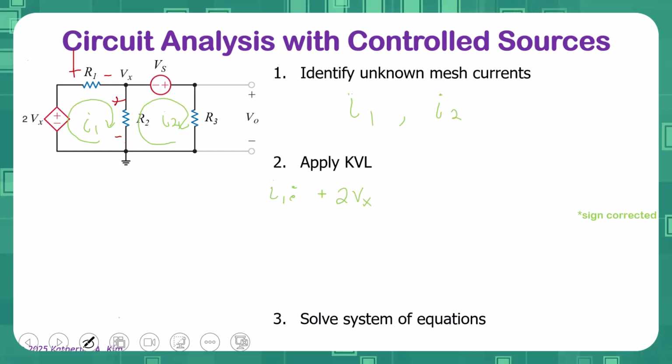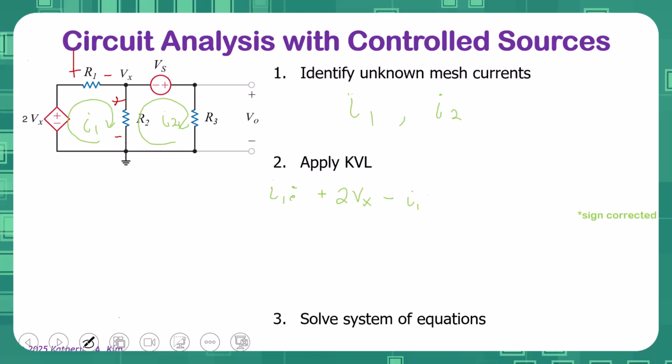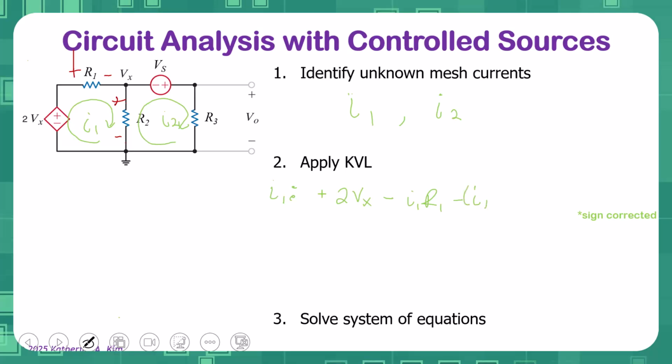So then we would do minus I R, right? I1, R1, and then minus an I1 minus I2, R2.